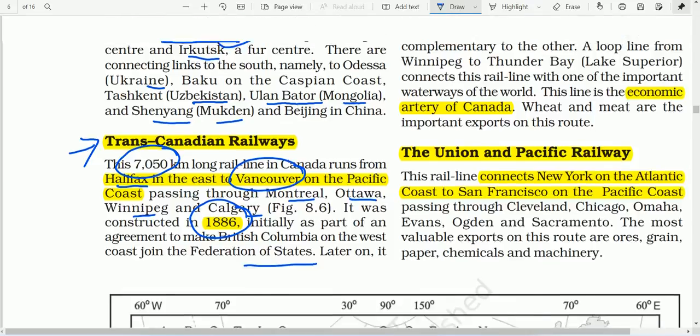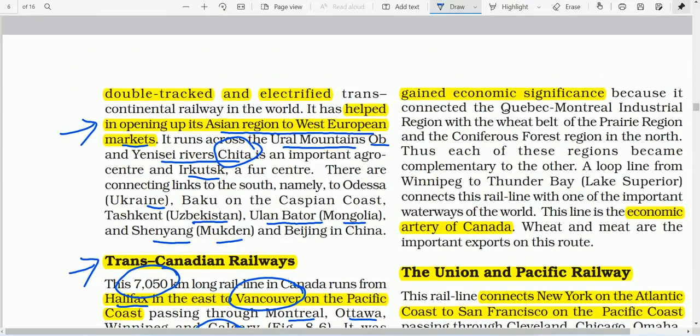Later, it gained economic significance because it connected the Quebec-Montreal industrial region with the wheat belt of the Prairie region and the coniferous forest region in the north.